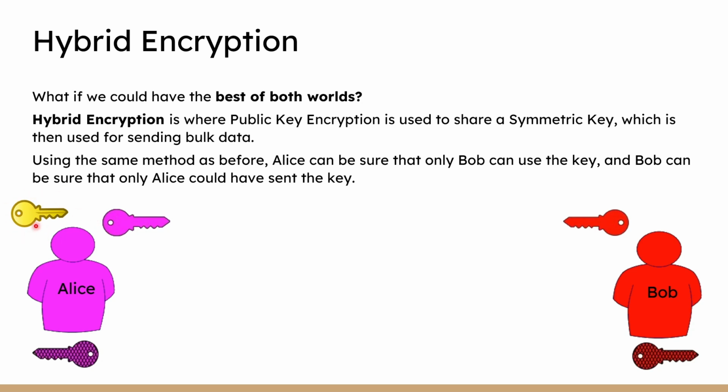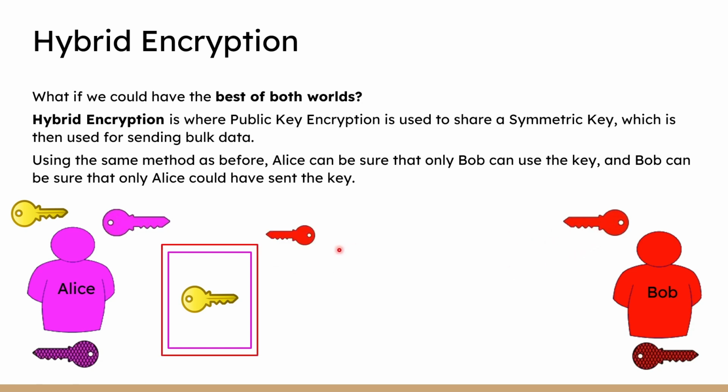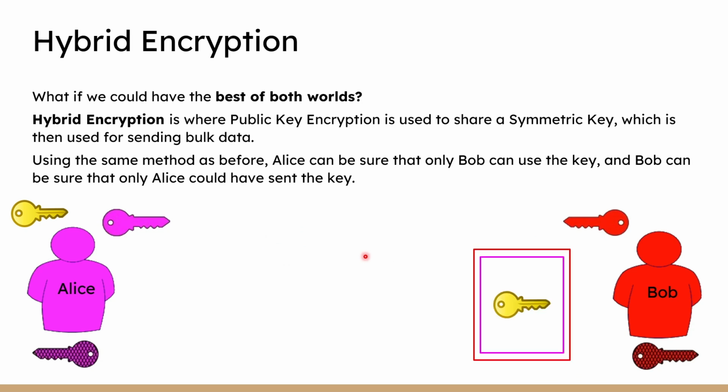There are algorithms for this. And then she encrypts the key with her private key. And then she encrypts it with Bob's public key and sends it. No one else can find out the key, because no one except Bob can decrypt it with his private key.